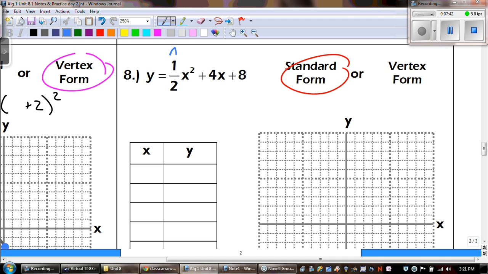Okay, so we need to know what the A, B, and C is, because the first thing we have to do is use the formula x equals the opposite of B over 2A, because we have to find our vertex. So x equals the opposite of B, which is negative 4, over 2 times 1/2. Now, don't freak out, because 2 times 1/2, what's half of 2? It's 1. So the vertex is negative 4.